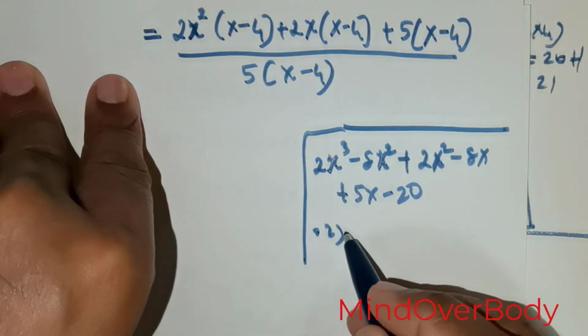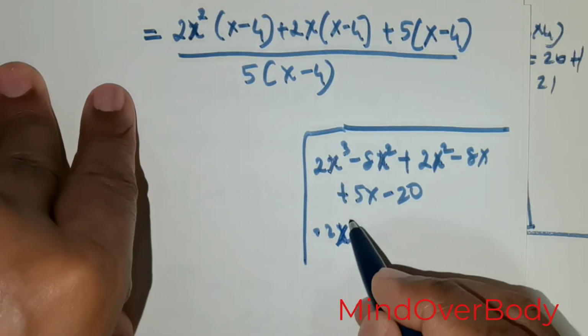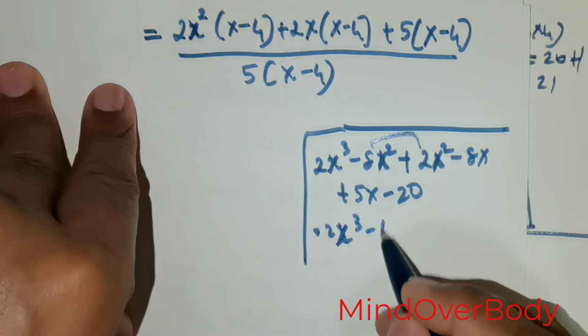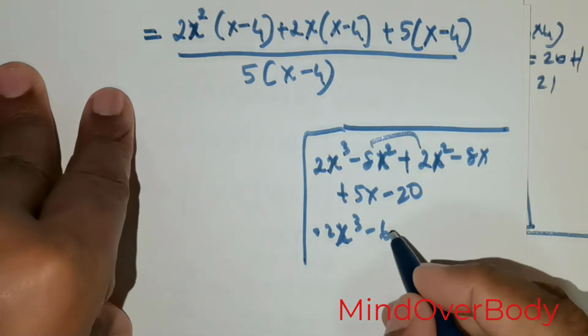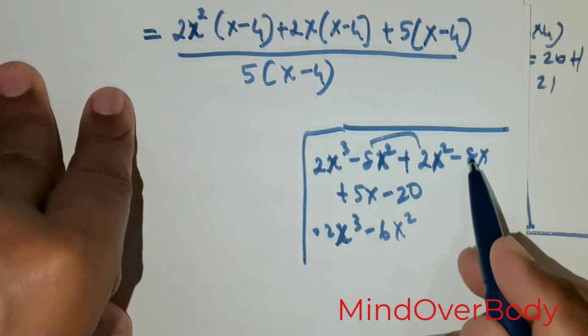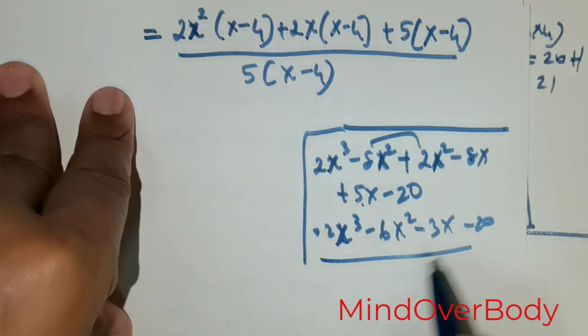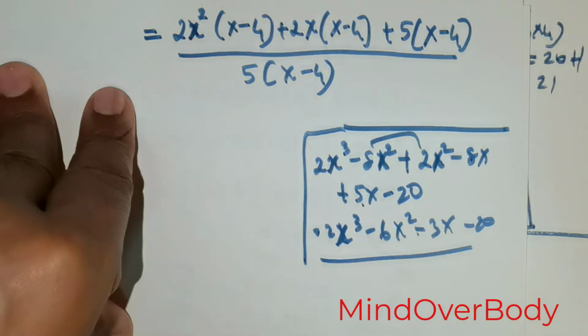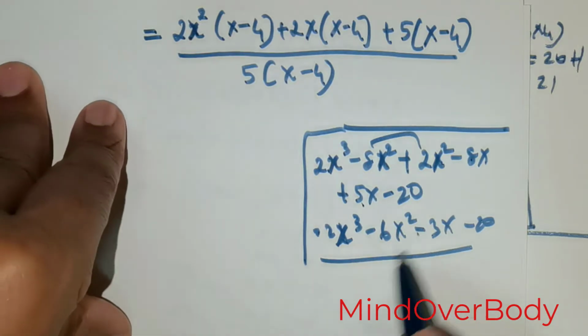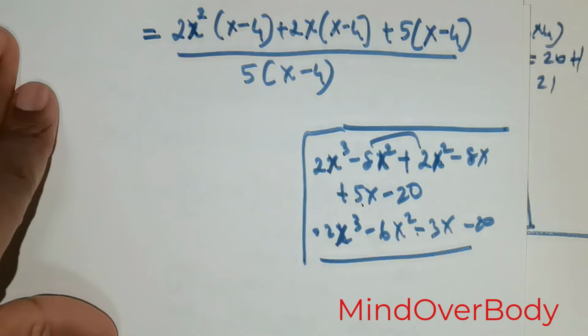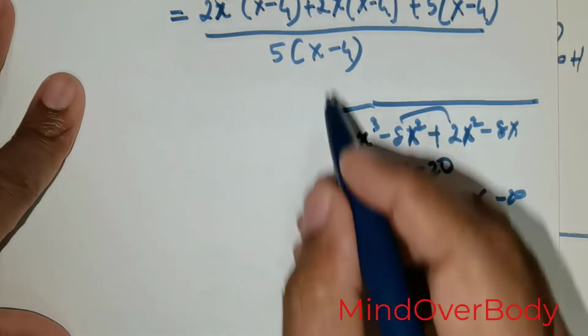So this is 2x³, then −8x² + 2x²  gives −6x², and −8x + 2x + 5x gives −3x… and −20. So this is exactly what is given as the numerator. Having got this, let us proceed to solve the question.